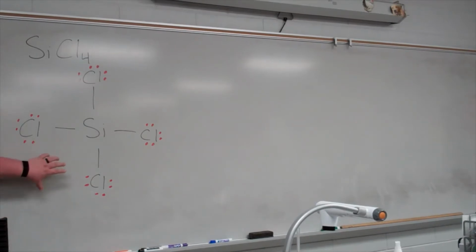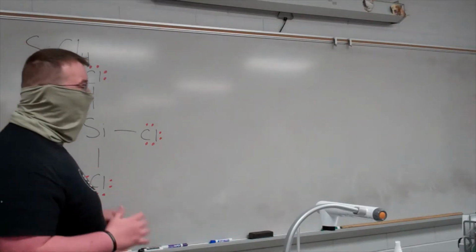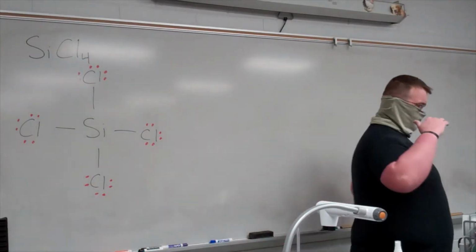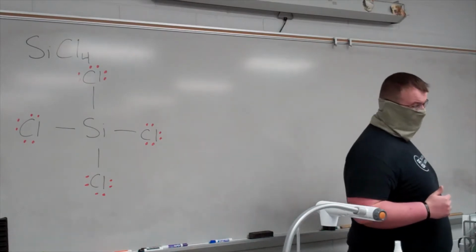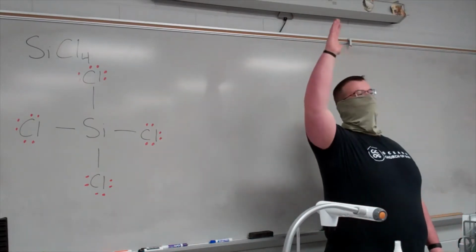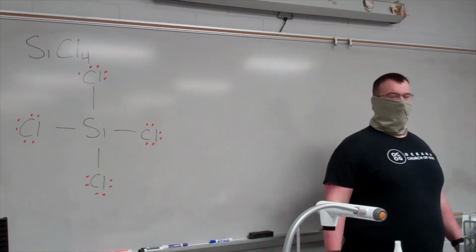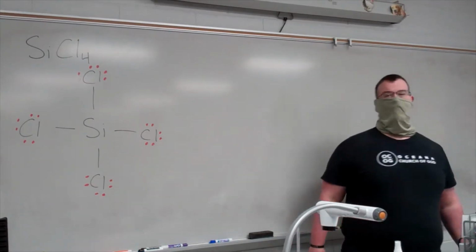So we had made it to this point yesterday with silicon tetrachloride. And I had stopped and I said, I want to make sure, because I know that there are some of you in this room that are not going to look and go, how do you get 32? I'm lost. I've got no idea what's going on, Mr. Hall.